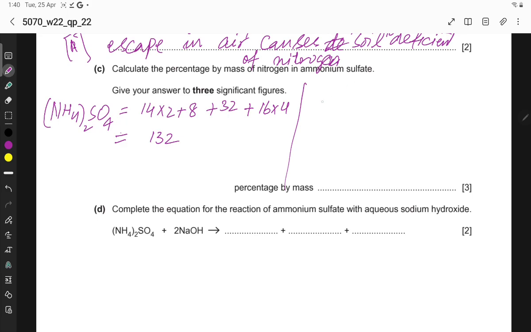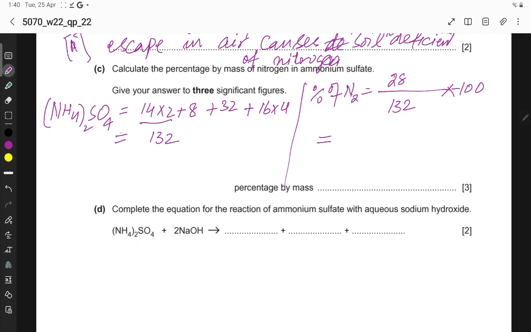Percentage by mass of nitrogen is equal to nitrogen 28 over the total mass, MR is 132, times 100.